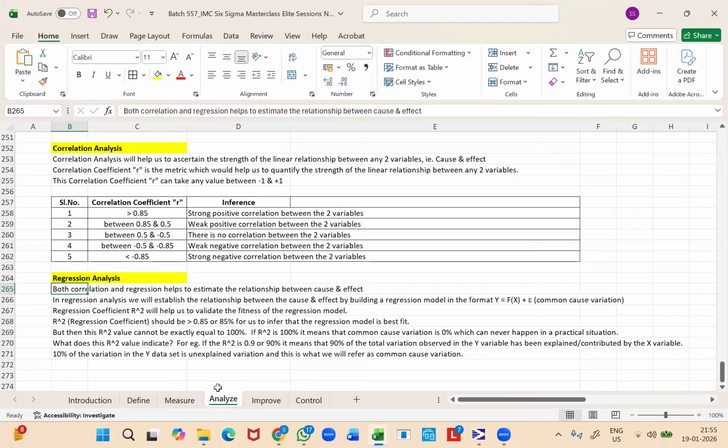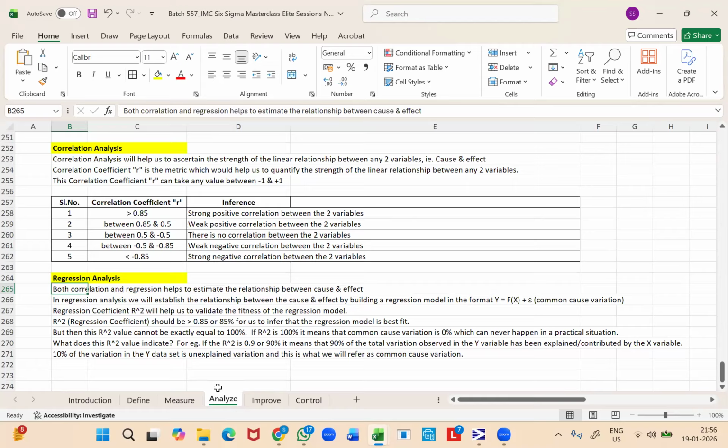Say for example, you have the two variables as experience levels of the associates and the average processing time. How will you build the regression model? Average processing time is the y variable. So the regression equation will be average processing time is equal to a certain coefficient value multiplied by experience levels of the associates plus the constant value.